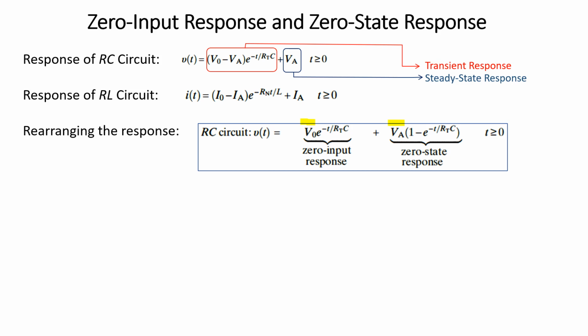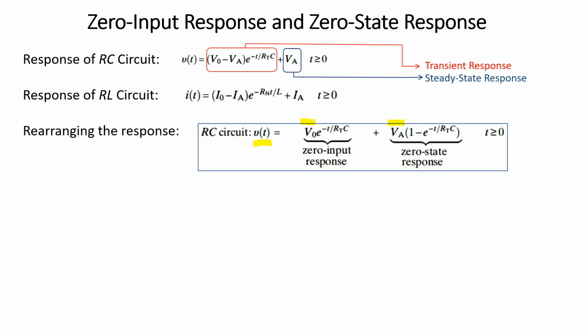Response due to excitation is known as zero state response, and response due to the initial values is known as zero input response. Initially you may be a bit confused about the names we have used. What I'm saying is that when VA is equal to 0, meaning the external input is equal to 0, this term will disappear and we will have only this.